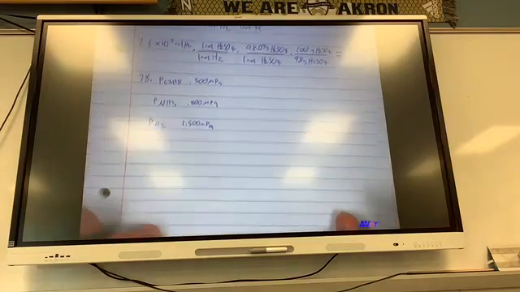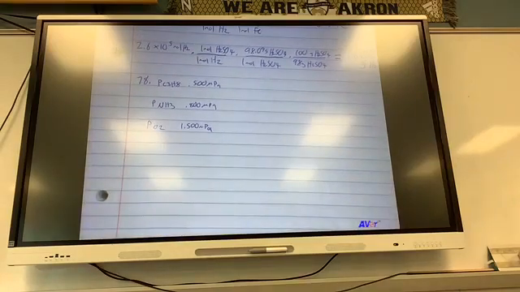Here's what I did. We know that due to Avogadro's law, pressure and particles are directly related. Well, could I also say that pressure and mass are directly related? Yes.